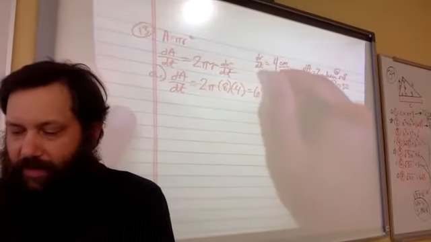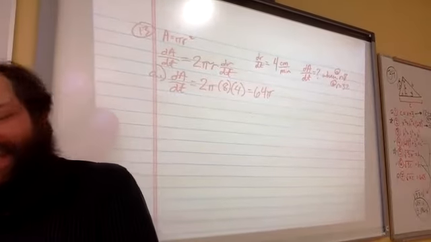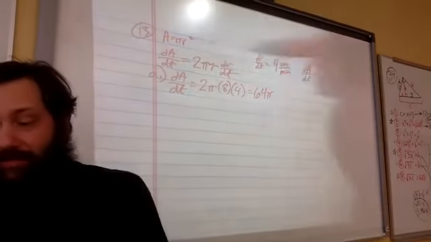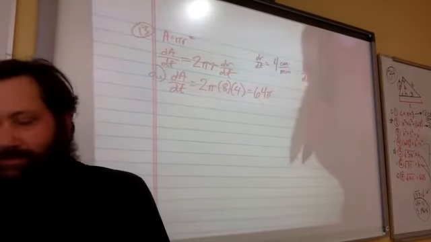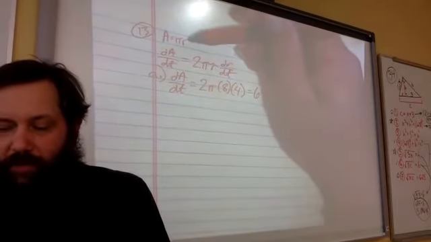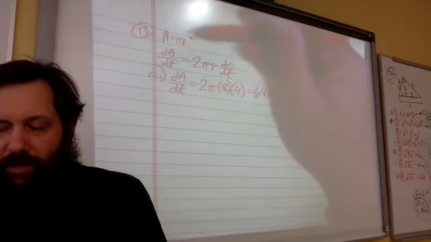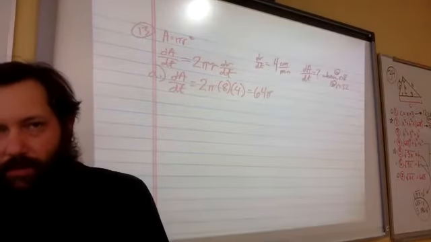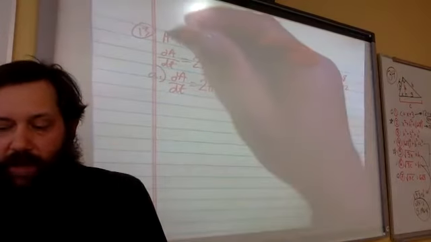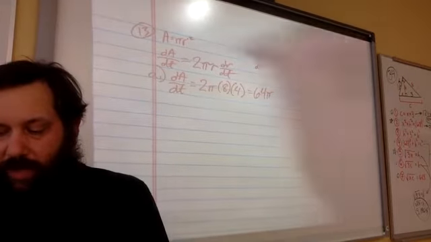But when you put a number in here, A equals a number. What's the derivative of a number? 0. So that ruins it. You can find the area by plugging the radius 8 in here, but not the change in area.